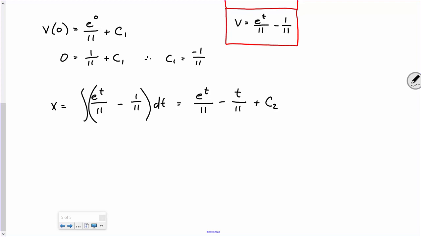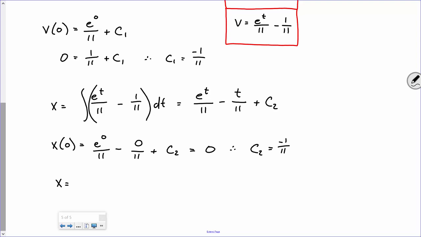So we'll say x at 0 is e to the 0 over 11 minus 0 over 11 plus c2, and that whole thing has to be 0. That tells us that c2 is also minus 1 over 11, and we get x equals e to the t over 11 minus t over 11 minus 1 over 11.